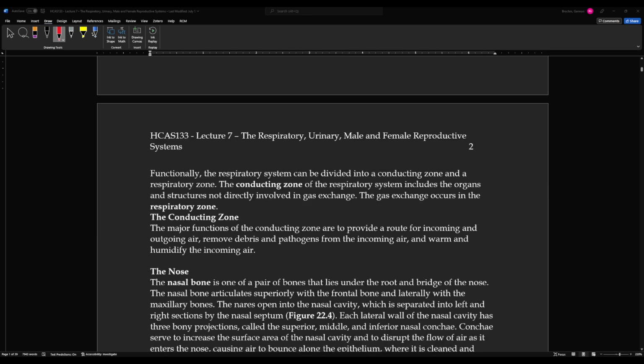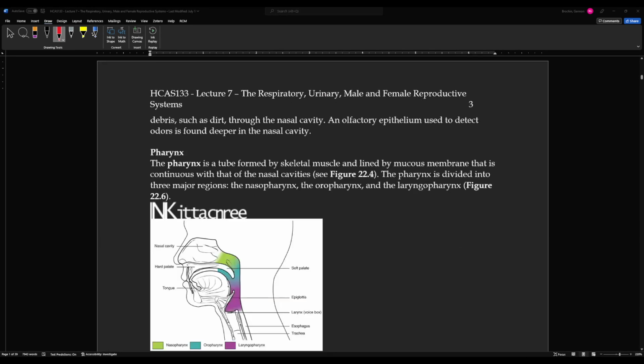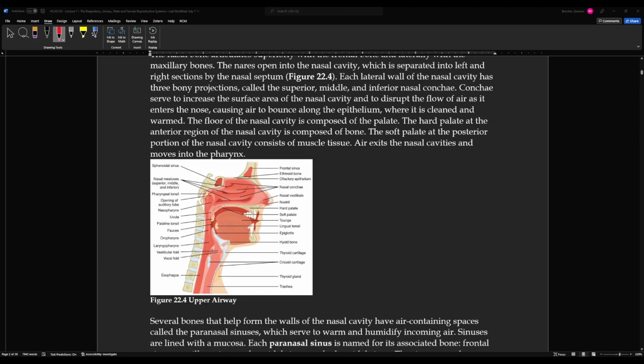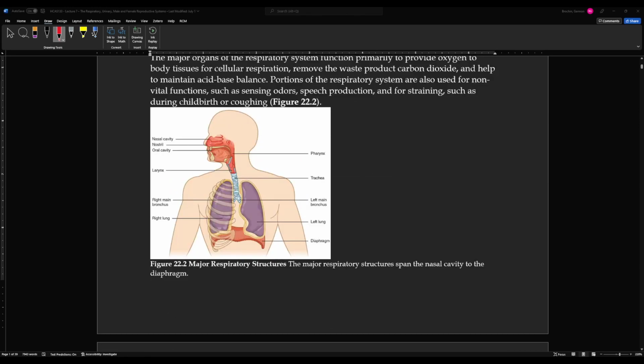So conceptually, two big things to talk about is the division of the respiratory system. So we have conducting and respiration zones. The conducting zones do exactly what they say they do. They just serve to conduct air, whereas the actual respiration structures are going to be deep within the lung itself.